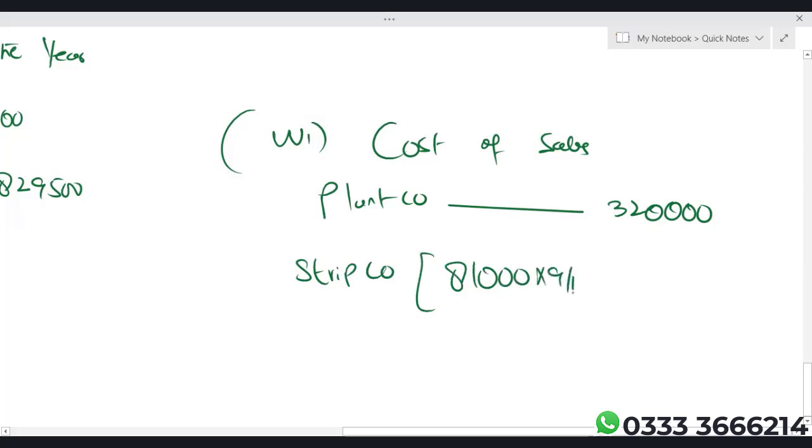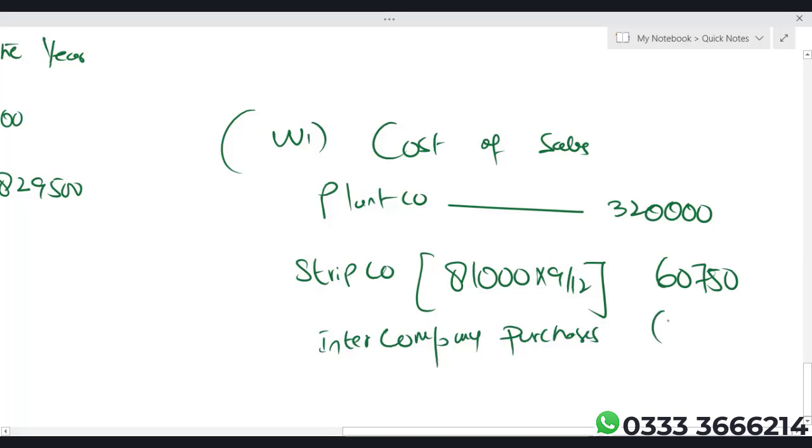Why? Because post-acquisition period is 9 months, 60,750. Intercompany sales, obviously for one company it is sale, for another company it is purchases, so it will be eliminated. So eliminate intercompany purchases of 39,000.